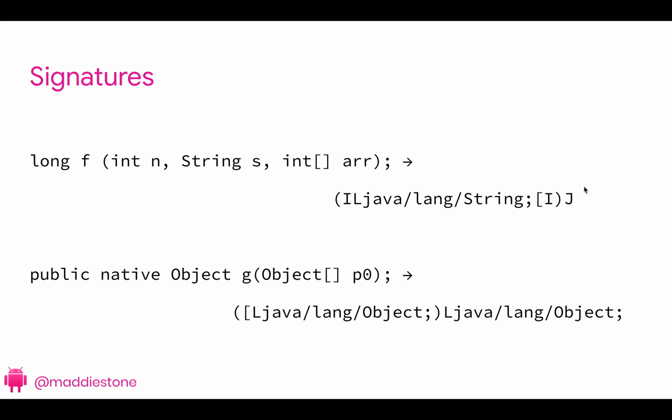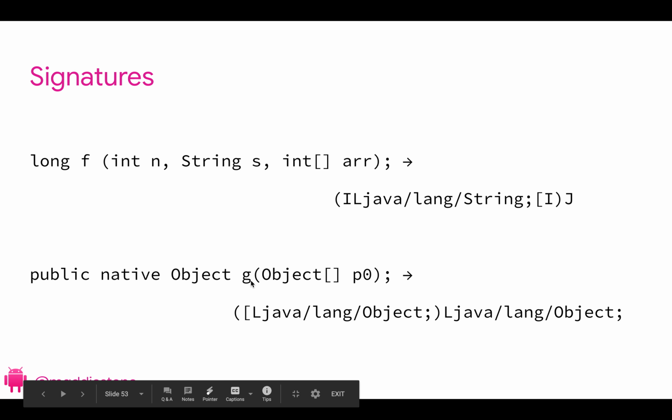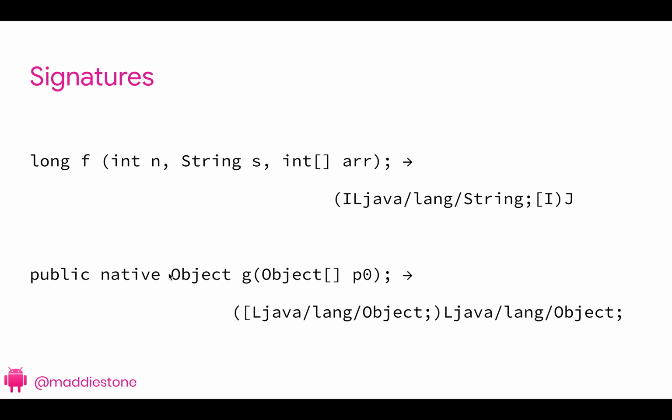And so these are really obvious types of strings that must exist in your native library if it's going to use register natives. Another example is a full Java native method declaration as you would see it in the Java code: public, the native keyword, method name g.